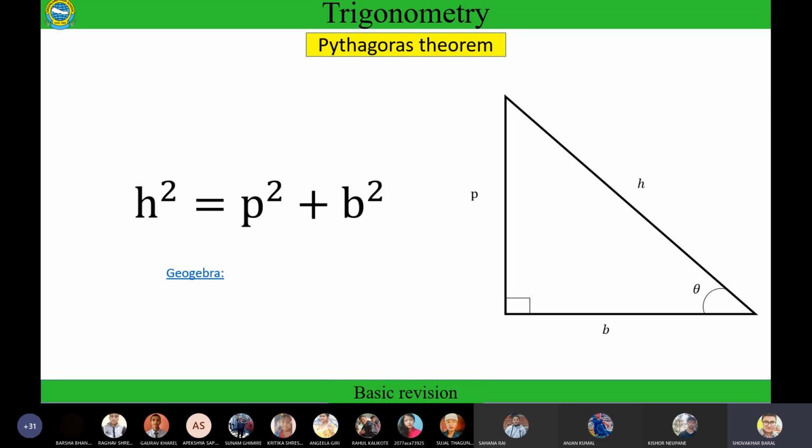This is one of the very important formulas in trigonometry, and it states that the square of hypotenuse is equal to the sum of the square of perpendicular and the square of base in a right angle triangle. I want to show you a small part of GeoGebra. Just wait a minute.